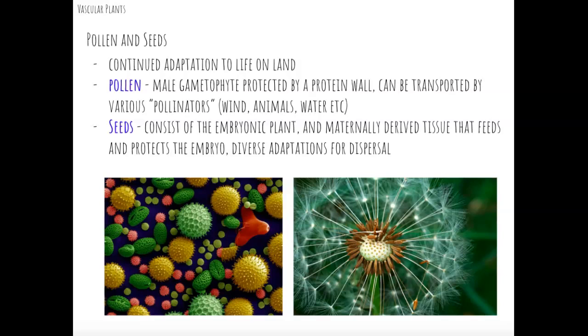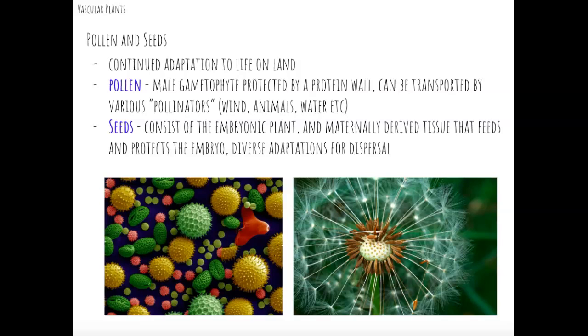Pollen is the male gametophyte and is protected by a protein wall. The protein walls in different types of pollen are so diverse that we can actually look at different types of fossilized pollen to see what types of plants would have been alive at that time.